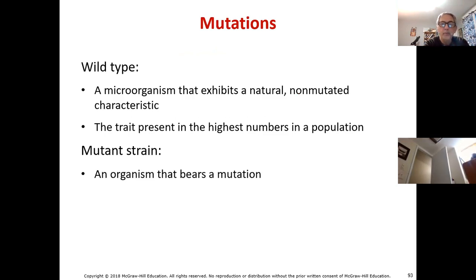We refer, and this isn't just bacteria, to the original organism as the wild type. For example, COVID-19, when it was first discovered and sequenced back in January of last year, that would have been the wild type. We now have all these variants because of mutations.